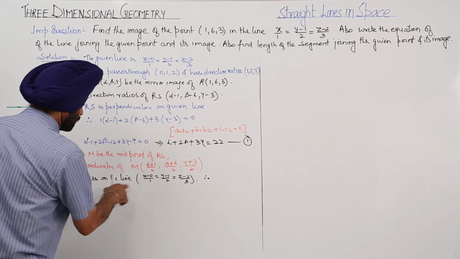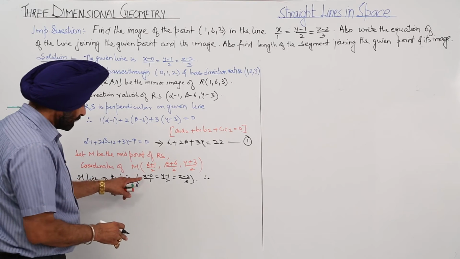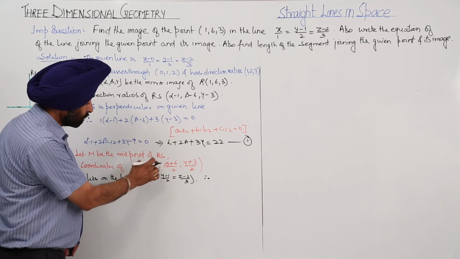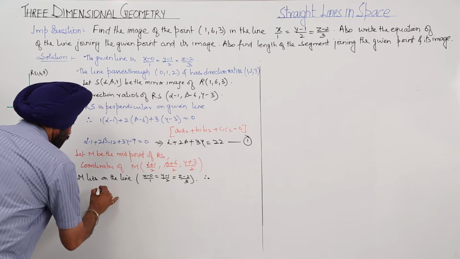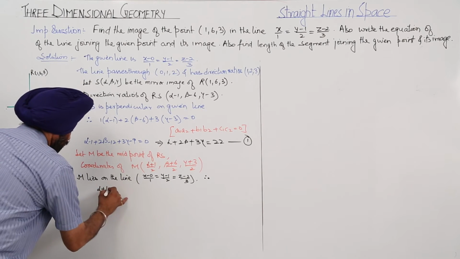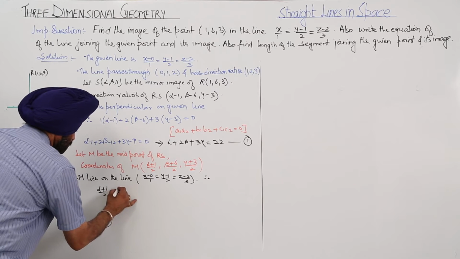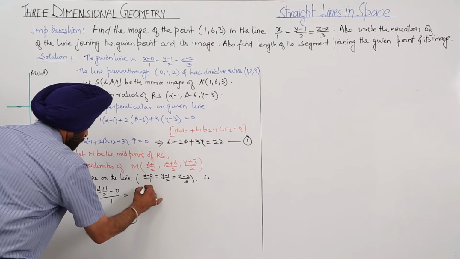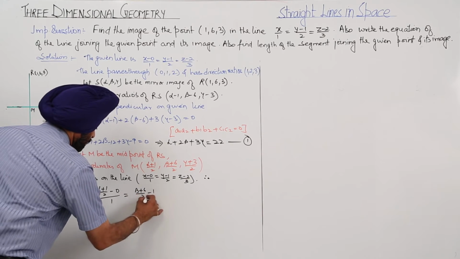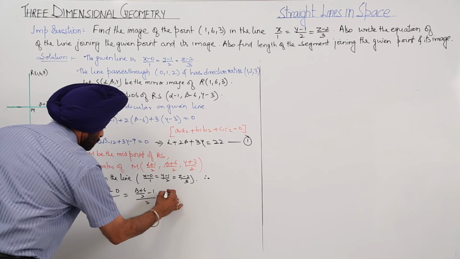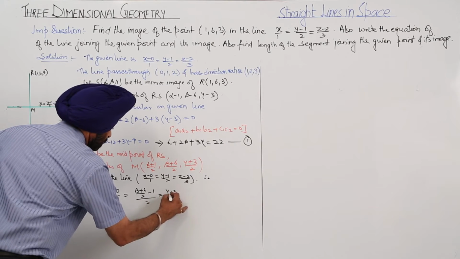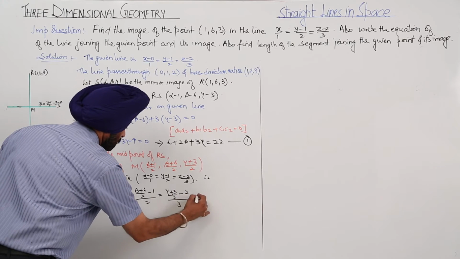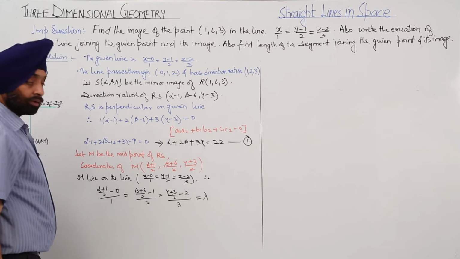In place of x, y and z, we put the coordinates of the point M. So we have alpha plus 1 upon 2 minus 0 upon 1 is equal to beta plus 6 upon 2 minus 1 upon 2 is equal to gamma plus 3 upon 2 minus 2 upon 3 is equal to lambda.